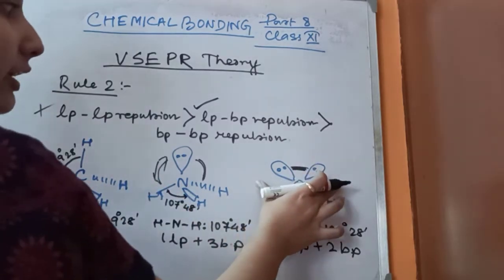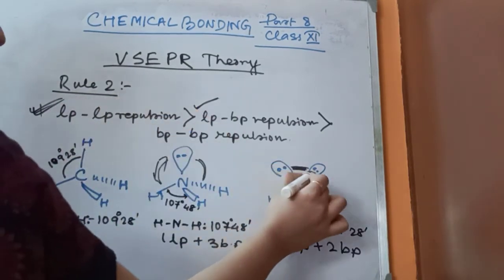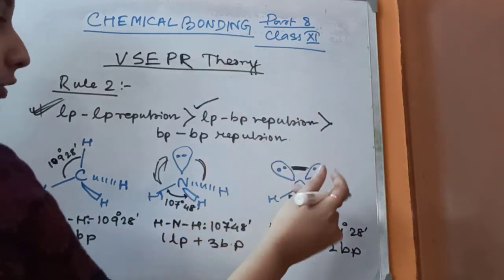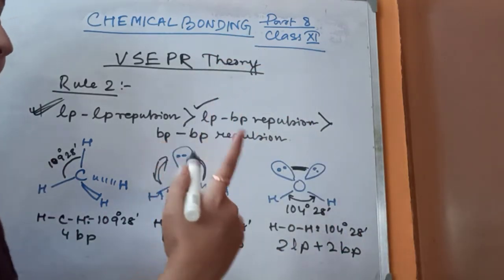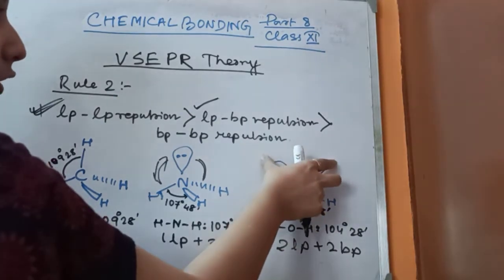But look at water, there is lone pair bond pair repulsion also, lone pair repulsion also, bond pair repulsion also. But the lone pair repulsion is the strongest. So these 2 lone pairs will undergo repulsion.